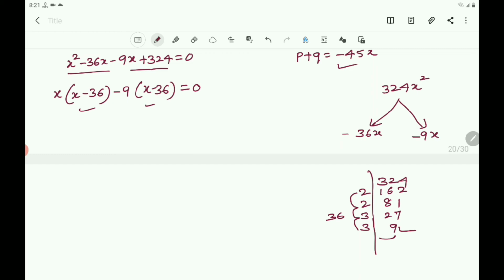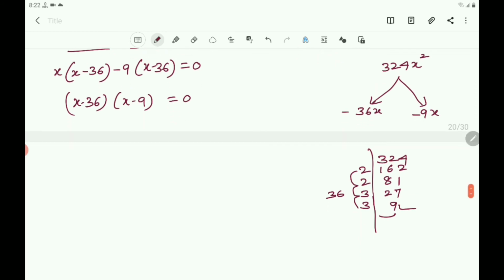Then x minus 36 is a common factor, so you write x minus 36 into x minus 9 equals 0. So equate each factor to 0. X minus 36 equals 0 or x minus 9 equals 0. Therefore x equals 36, or x equals 9.